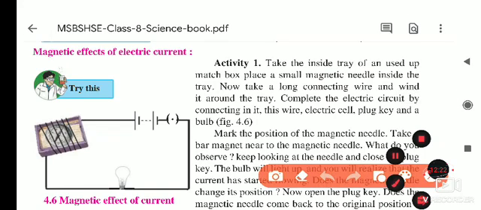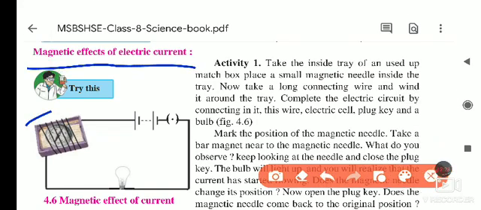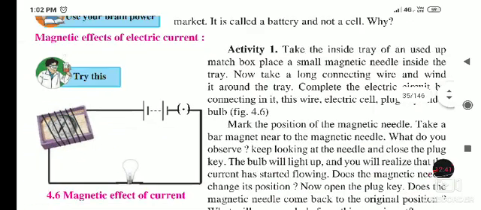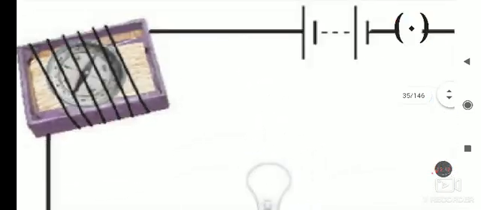Okay, now for this they showed the activity. Here we have to take the matchbox, and inside it we have to keep the magnetic needle, and we have to wind the electric wire around it in this way.